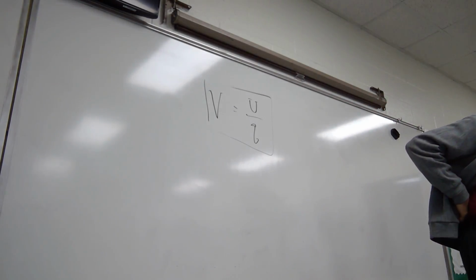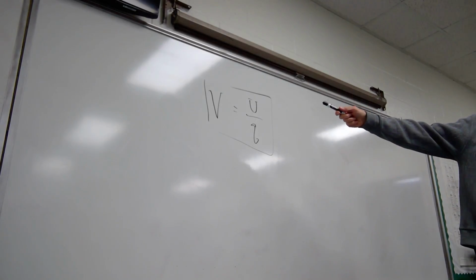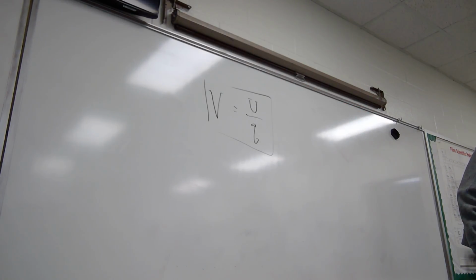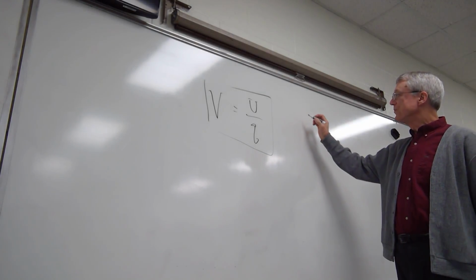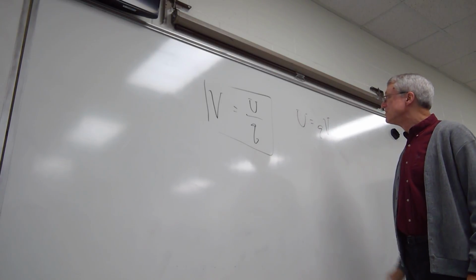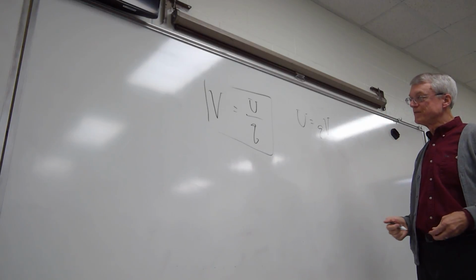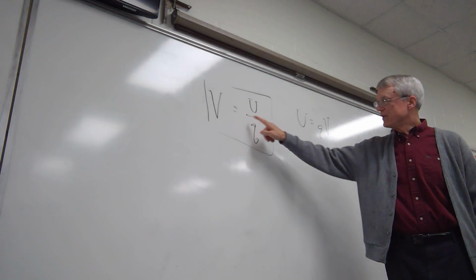What's next? Most of that we did yesterday. We were doing that V equals U over Q when we stopped. I think your equation sheet will say U equals QV. And it's got some other stuff in there that we'll get to as well, but that's the same equation as this.